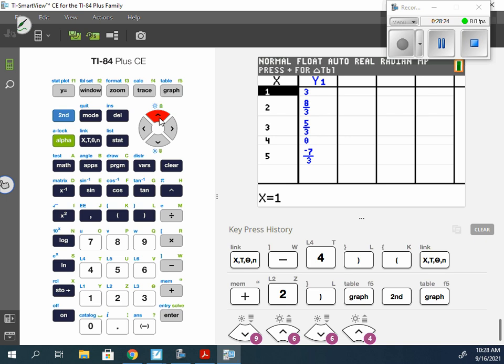Because our P and Q are negative 2 plus 4 divided by 2. Well, negative 2 plus 4 is 2, and 2 divided by 2 is 1. So the vertex would be 1, 3. The axis of symmetry would be x is equal to 1.